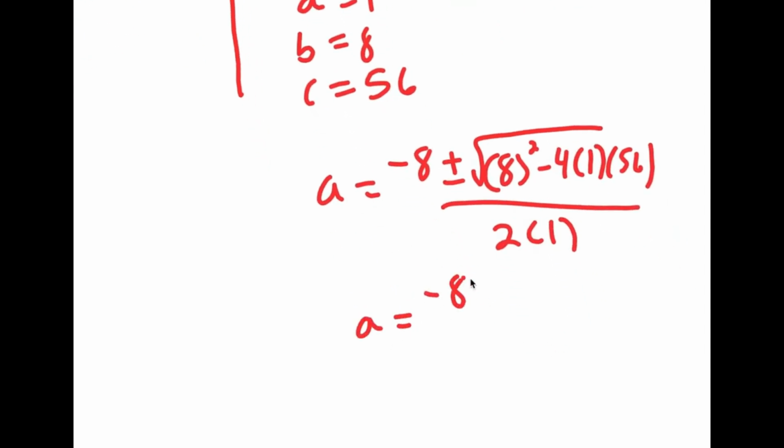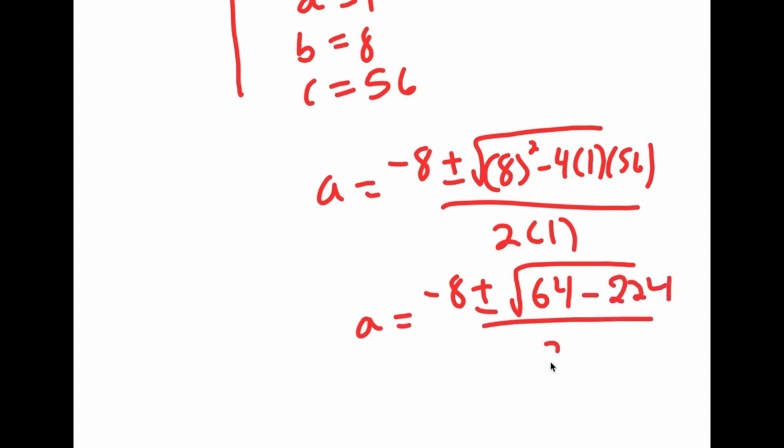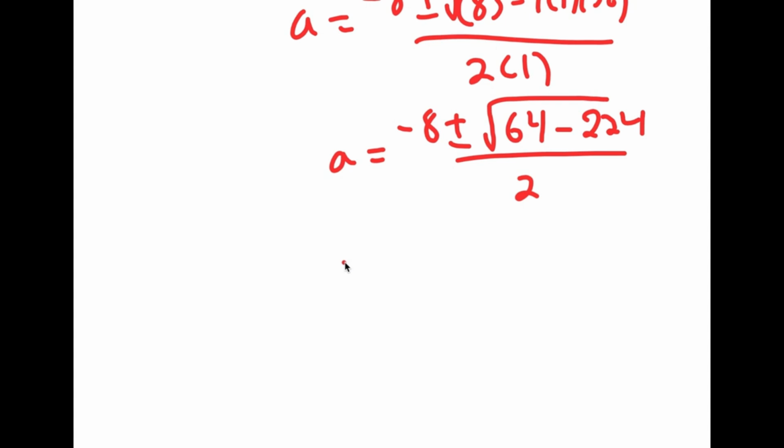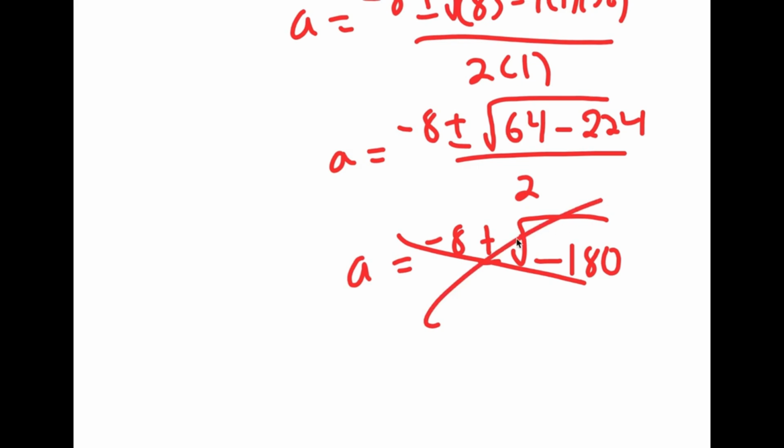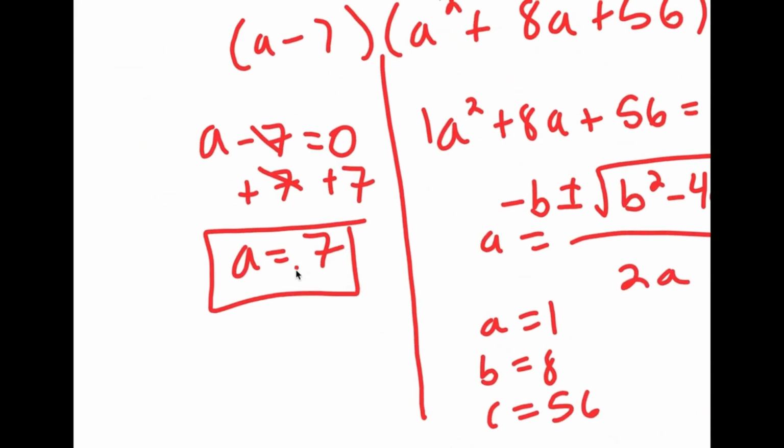And this is equal to negative 8 plus or minus the square root of 8 squared, which is 64, minus 4 times 56, which is 224, all over 2. And this turns to negative 8 plus or minus the square root of negative 160. And notice how we have the square root of a negative number, so this will not work. So our only solution is a equals 7.